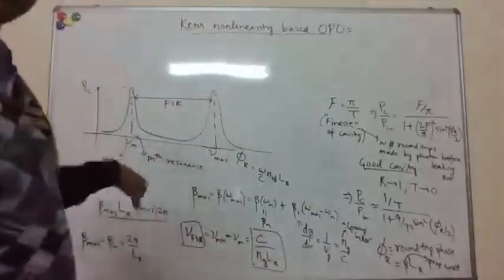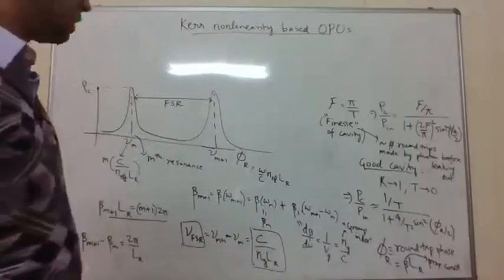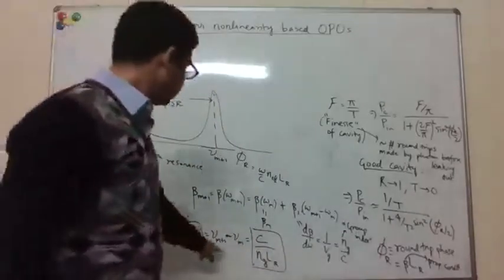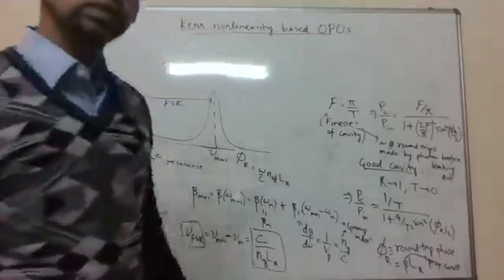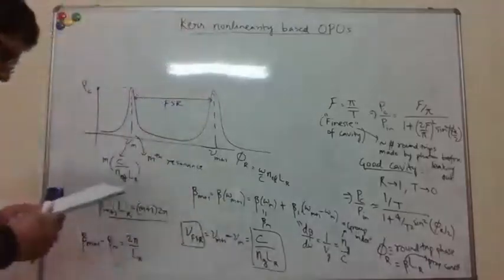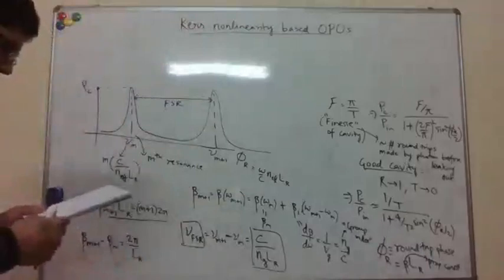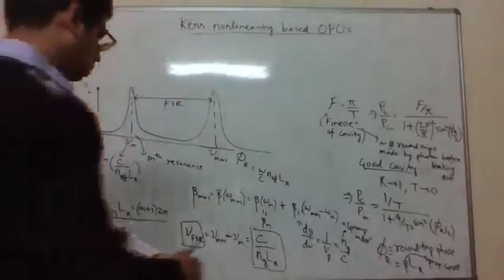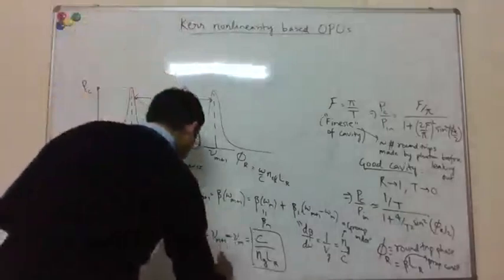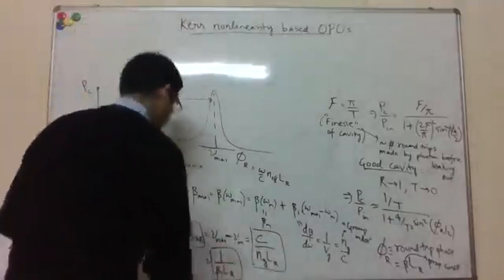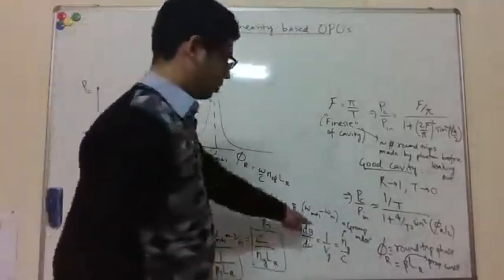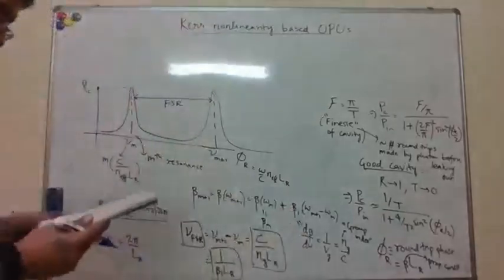But in general, if you have dispersion, which means refractive index is a function of frequency, then the FSR will have this group index. I can also write this as 1 over beta 1 times Lr, where beta 1 is again 1 over velocity.